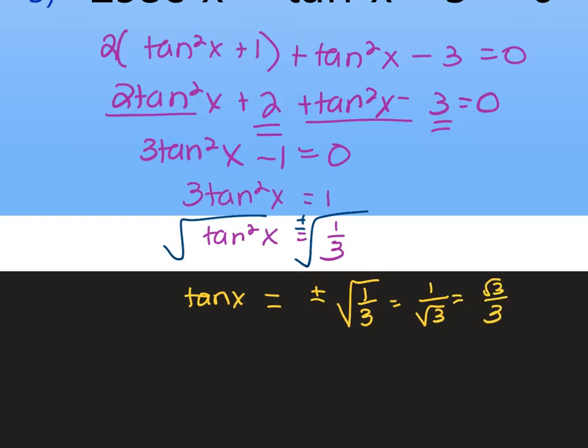Again, on the interval, I'm going to include everything that's on my unit circle. So because it's plus and minus, it's all the over 6s. It's pi over 6, 5 pi over 6, 7 pi over 6, and 11 pi over 6.